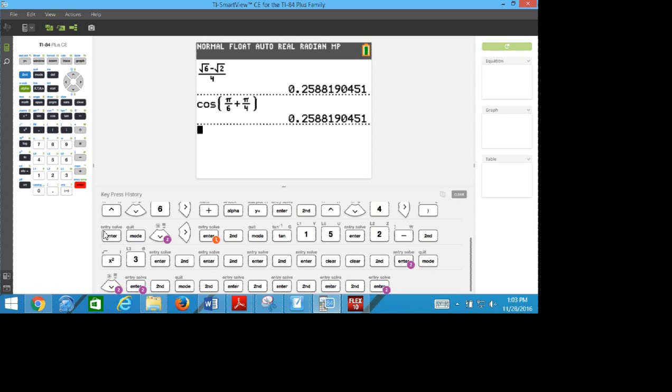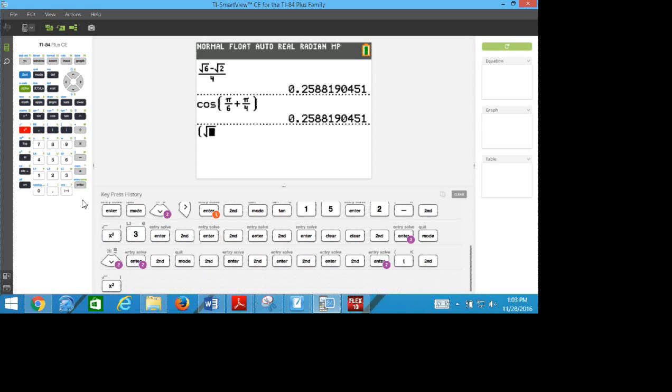If you don't have a calculator that does the fractions, you would need to make sure that you tell the calculator to do square root of 6 minus square root of 2 before you divide by 4.